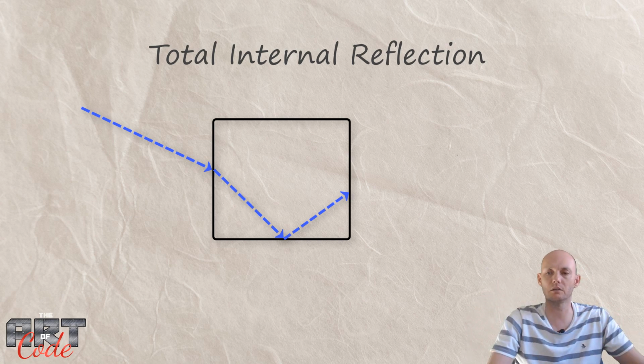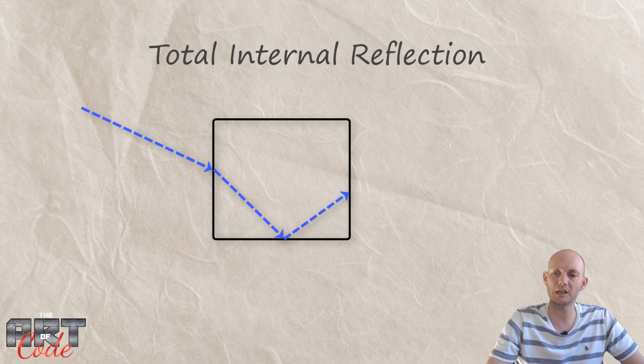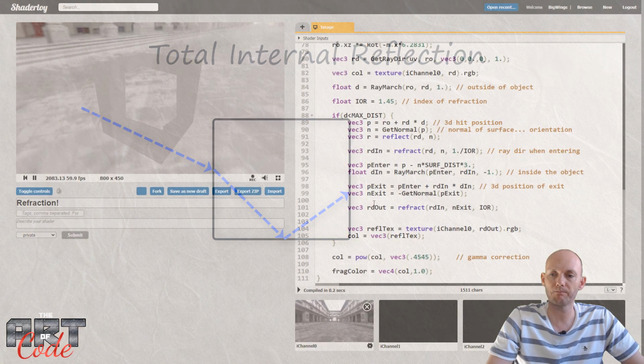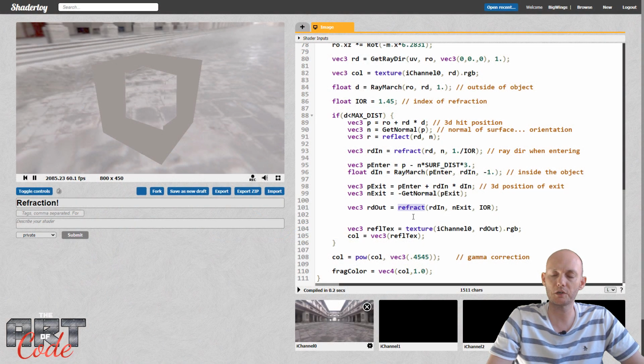And that's called total internal reflection. And this refract function, when it gets to total internal reflection, doesn't output a proper ray direction anymore, and it just sets all the values to 0. And so we have to detect if all the values are 0, and then we have to actually do a reflection instead. And so let's do that.